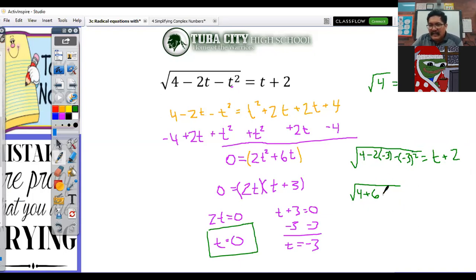So the outside negative is not affected by this number here. So negative 3 times negative 3 is positive 9. Now, again, this negative disappeared because of negative 3 times negative. Negative times negative is positive, so that's where that went. And for some reason, I put a t here when I should have put negative 3.